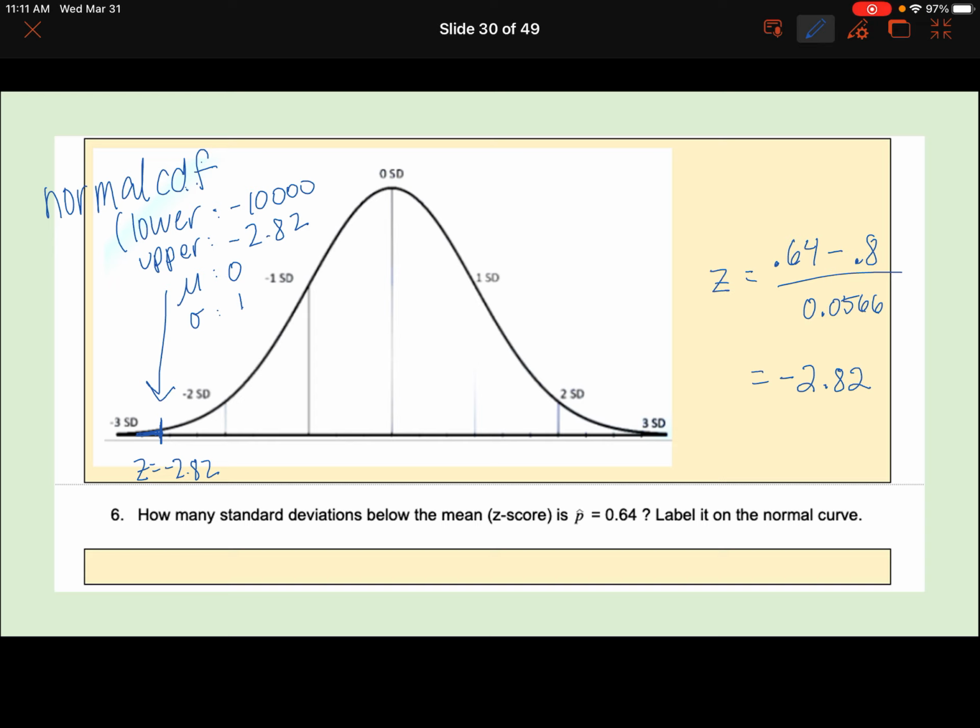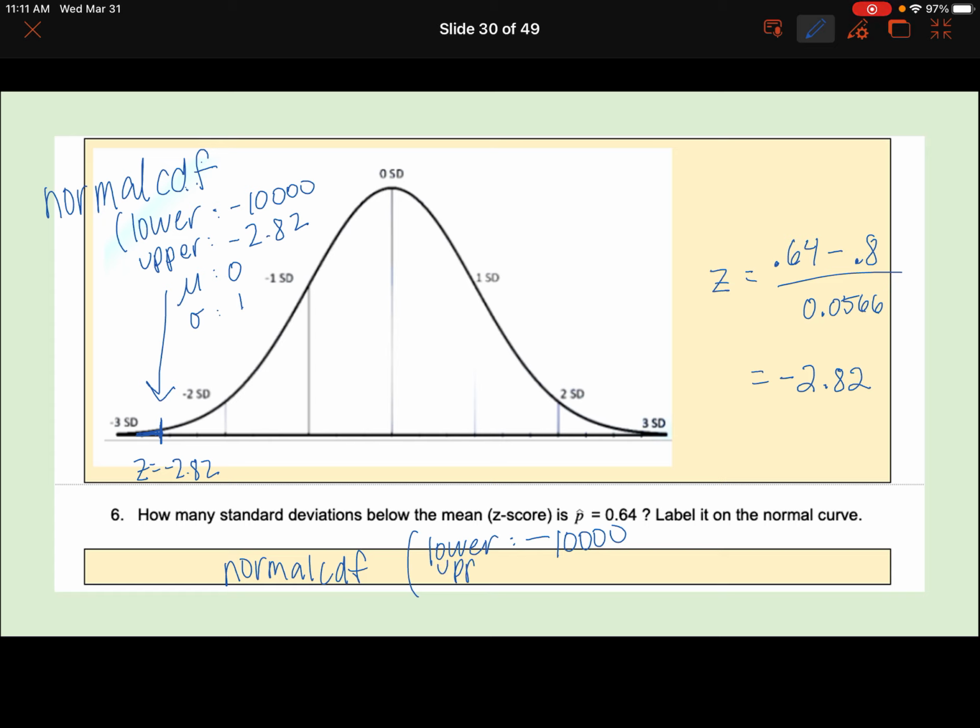The other way you could do this is using normal CDF with the actual proportions, not the z-score. You should get the same thing, or close. Our lower bound would still be negative huge number.